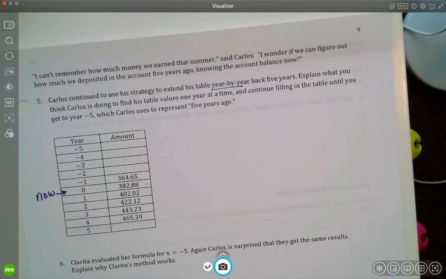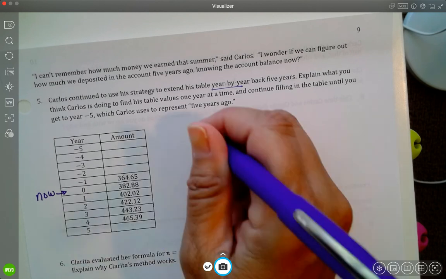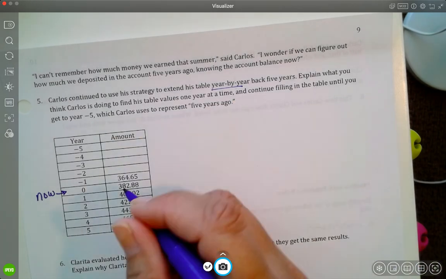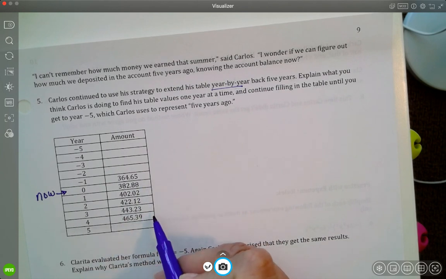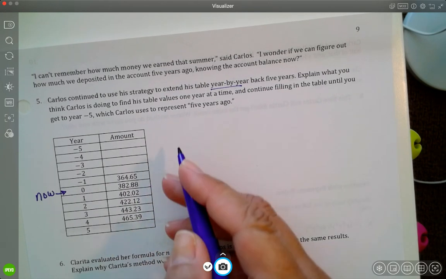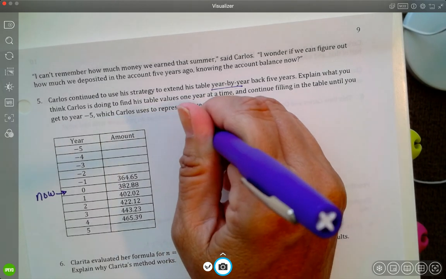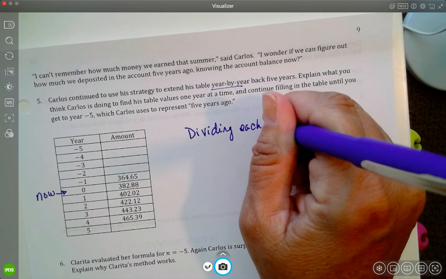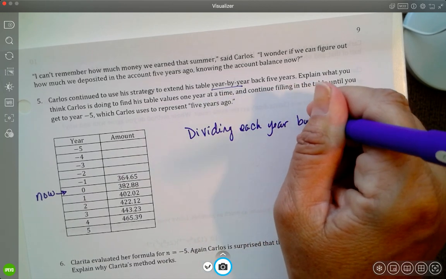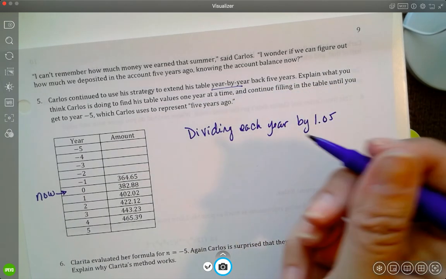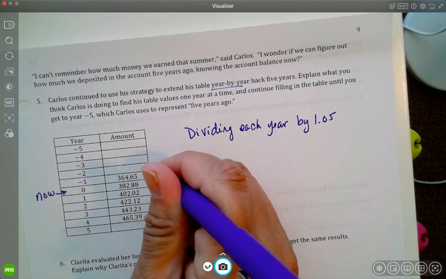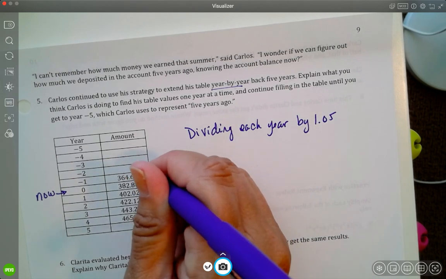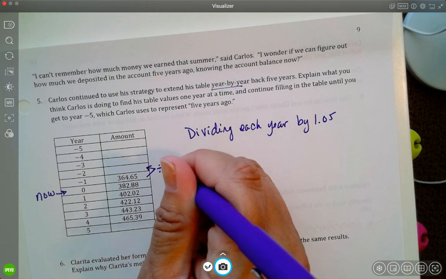So, if he was multiplying each year by 1.05, then he's probably dividing each year by 1.05.